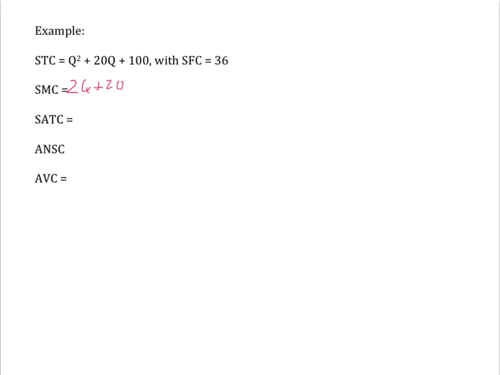Short-run average total cost is just total cost divided by Q, so Q plus 20 plus 100 over Q. Average non-sunk cost is the portion of short-run total cost that is not sunk, so it's Q plus 20 plus 64, the avoidable or non-sunk fixed costs, divided by Q. And average variable cost is just the variable cost portion divided by Q, or Q plus 20.